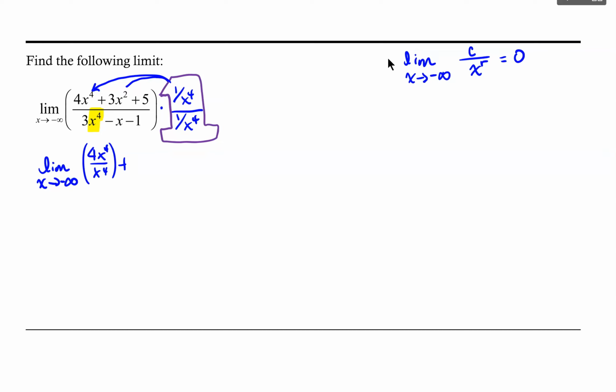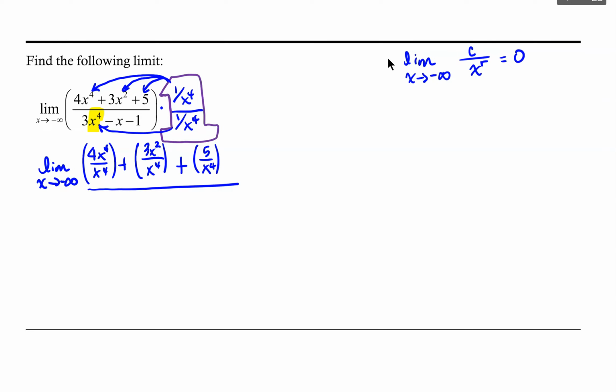Plus, then multiplying 1 over x to the 4th with 3x squared, over x to the 4th. Plus, and then multiplying 1 over x to the 4th by 5, so 5 over x to the 4th. That's our numerator. And now we're going to do similar in the denominator.